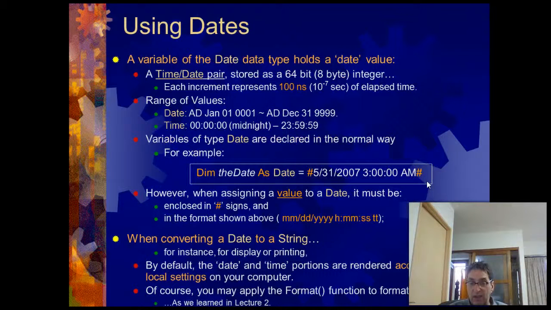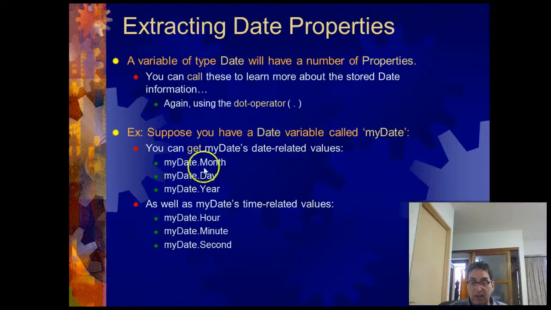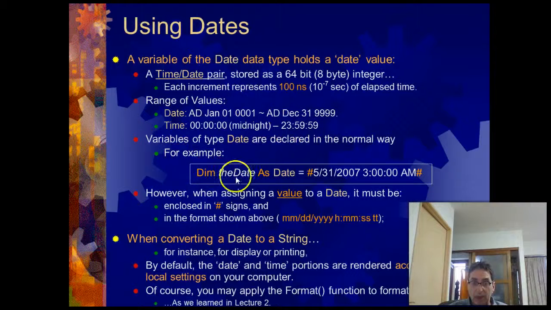Once you've assigned it a value, then you can say myDate.Month, myDate.Day, myDate.Year, as well as .Hour, .Minute, .Second. So for example, if we assigned this to myDate and I wrote myDate.Month, what's the month here?